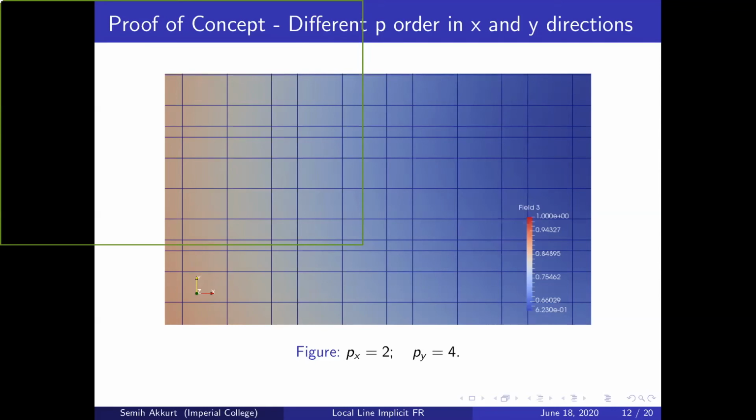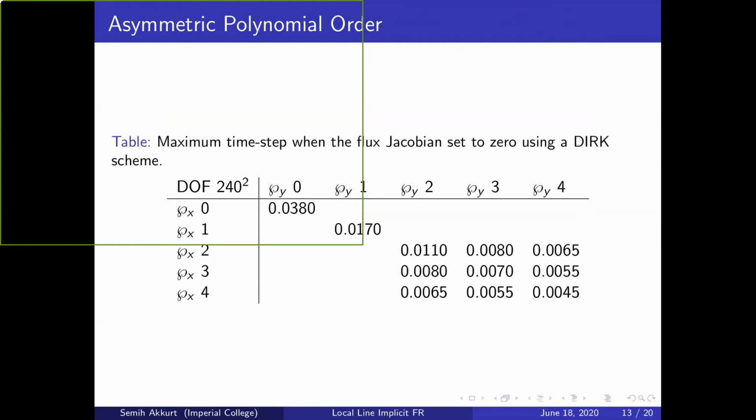I'm going to change the polynomial order in x and monitor how the CFL constraint changes. Here I just used a Runge-Kutta scheme as a time integrator, and I didn't enable the local line implicit here. I just changed polynomial order in x and y, and as you can see, it is symmetric.